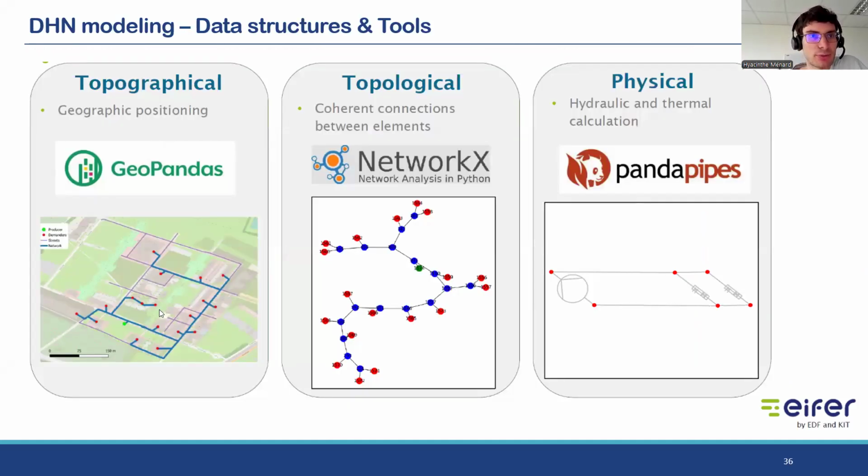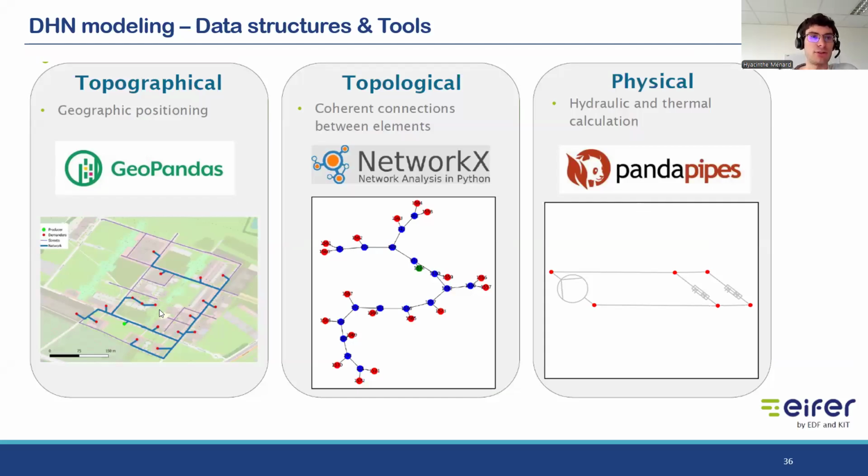Then I will go through my strategy in order to, from this data that was provided by the operator, create a pandapipes model. So at first I got some topographical representation of the network with a geographic positioning of the different assets of the network.